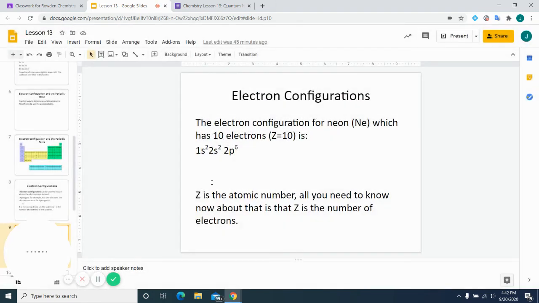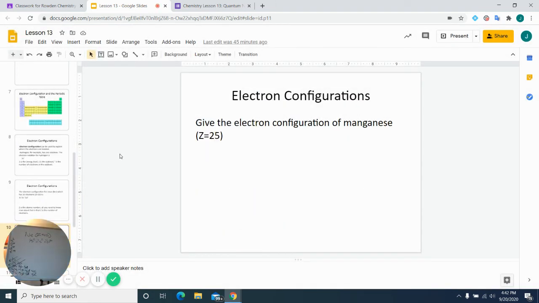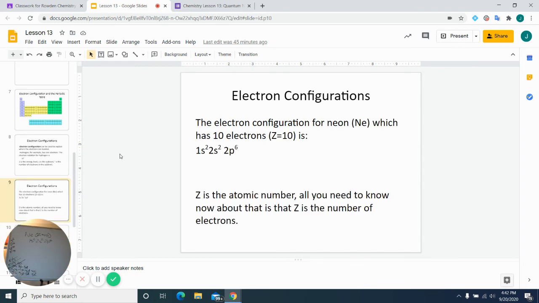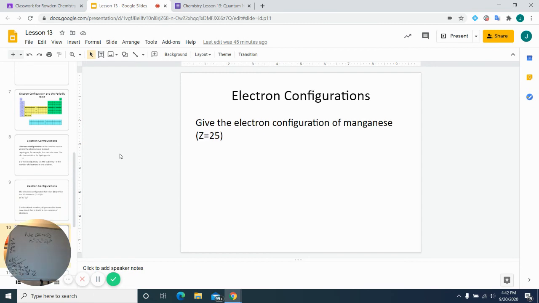All right, let me do one more example electron configuration, and then I'll do orbital notation. Okay, let's do manganese. For that one, Z is going to equal 5. I'm sorry, Z equals 25.